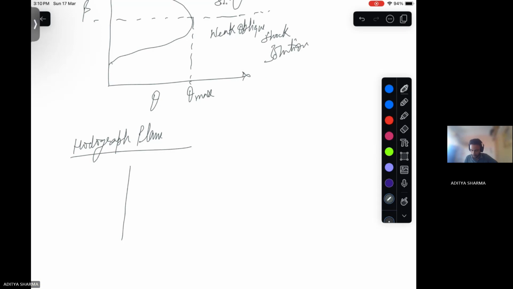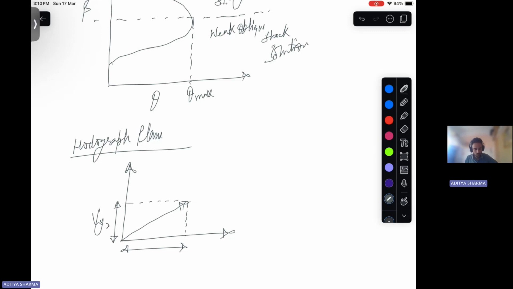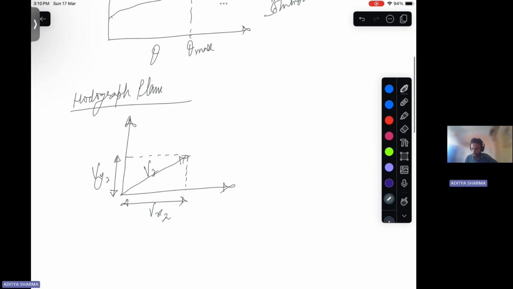It looks something like this. I believe there is no issue with it, as in early classes. If, let's say, this is V2, then this is the component. This is our hodograph plane, because there are two axes involved in it, so we call it a plane.